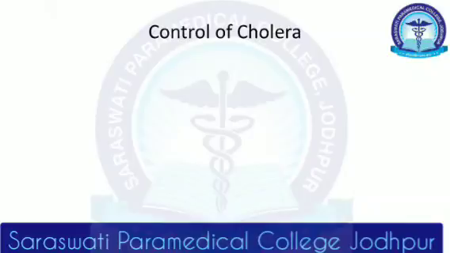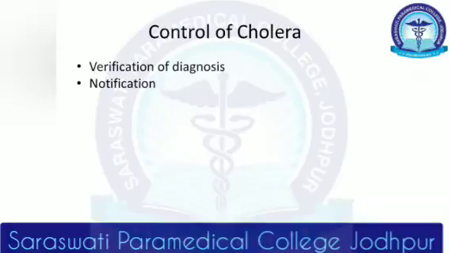Control of an outbreak of cholera. In short, we will list the steps, some of which we will discuss in detail. Verification of diagnosis, whether the reported cases are actually due to cholera by the identification methods we have discussed in previous slides. If confirmed, notification of occurrence of cholera to the appropriate authorities.